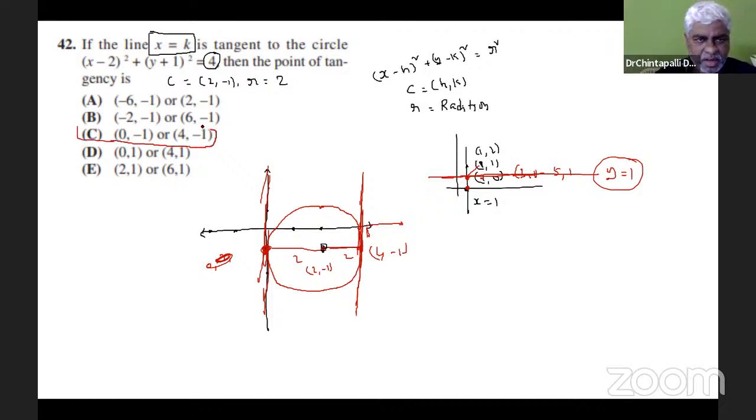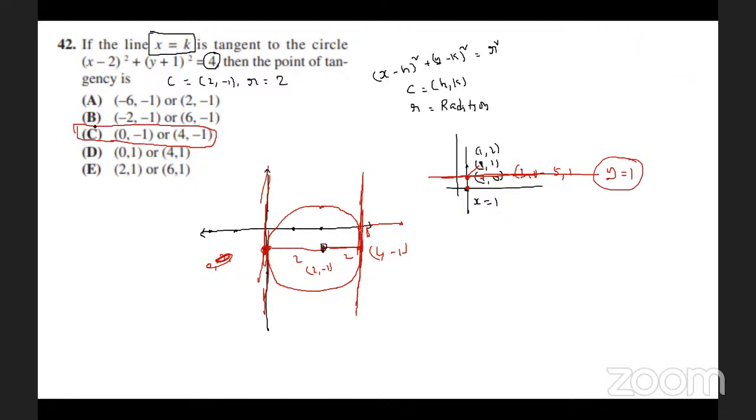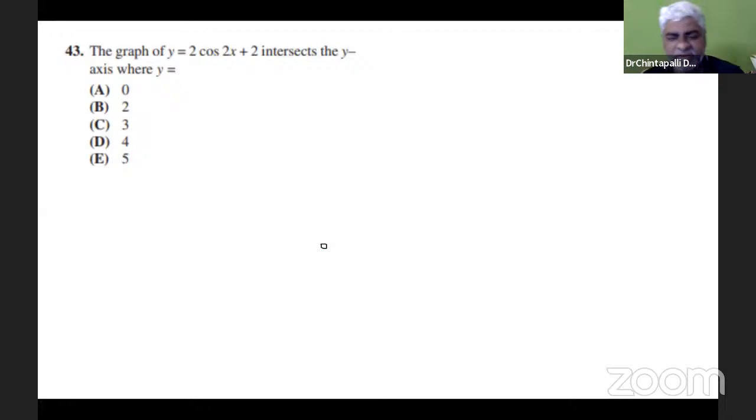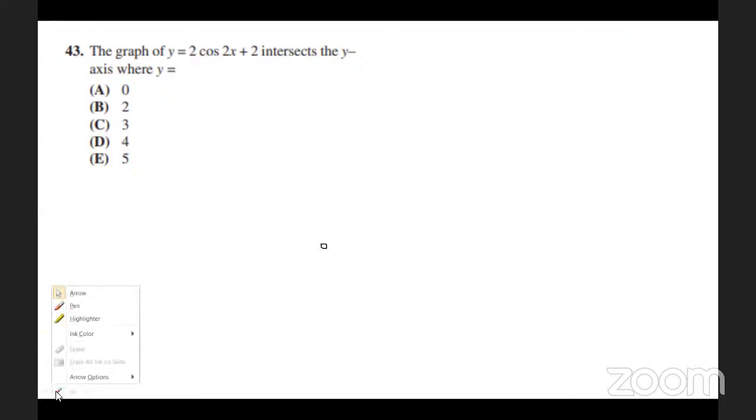Just by observation, we can answer this type of tangent questions. It's a very interesting question. You can do one thing. What's the equation of the y-axis? What are the properties of points on the y-axis? Can you give an example of a point on the y-axis? 0, 1.